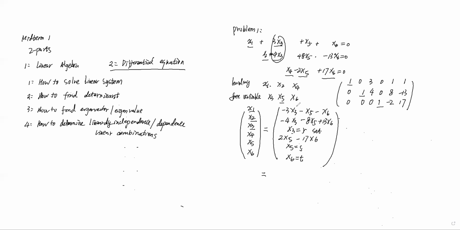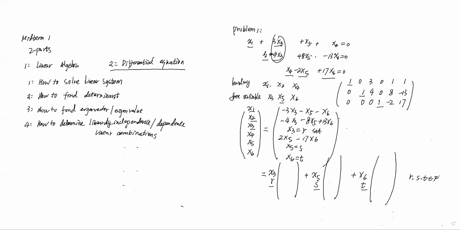You can also just keep x3, x5, x6 as free variables, but if you write r, s, t, you have to say r, s, t are in R, that they are parameters.